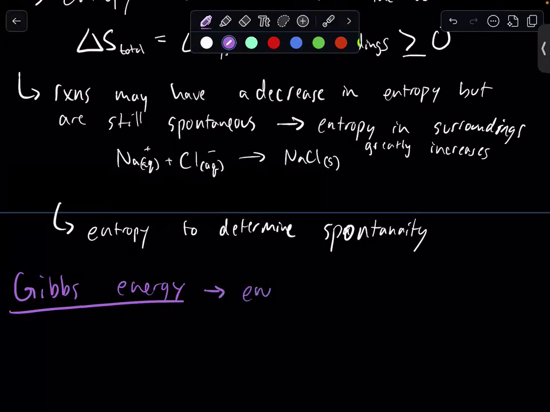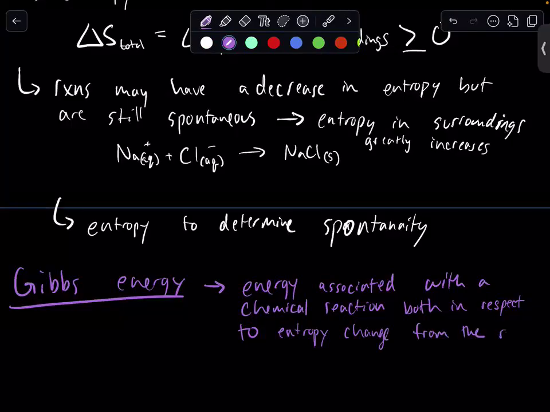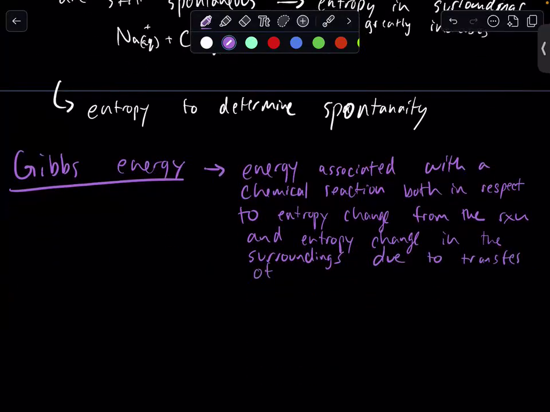Very specifically, Gibbs energy is the energy associated with a chemical reaction, both in respect to the entropy change from the reaction and the entropy change in the surroundings due to transfer of heat.